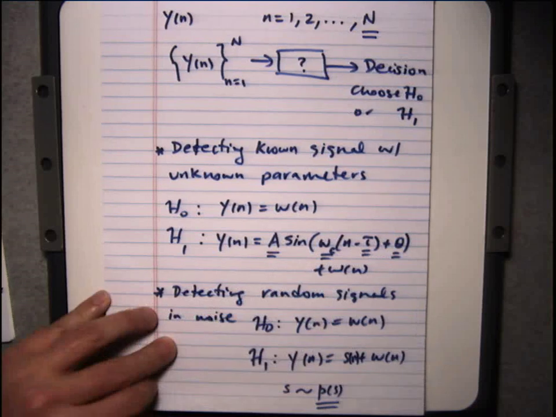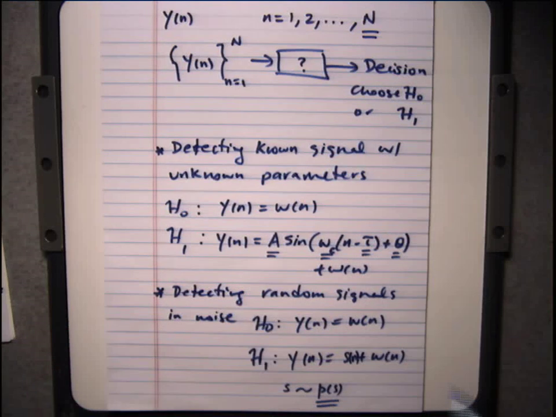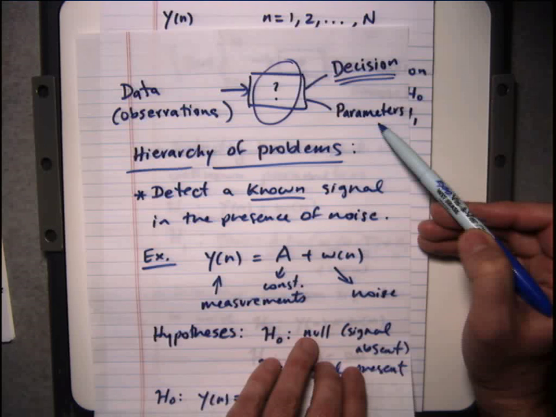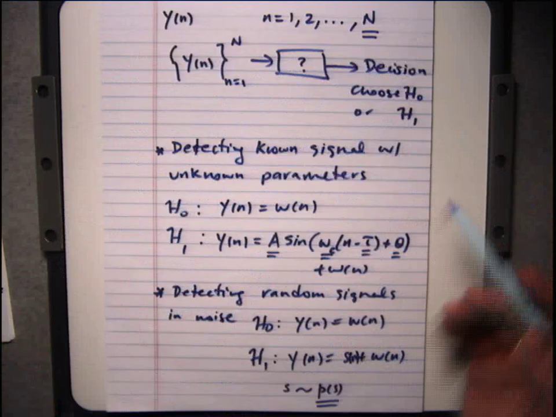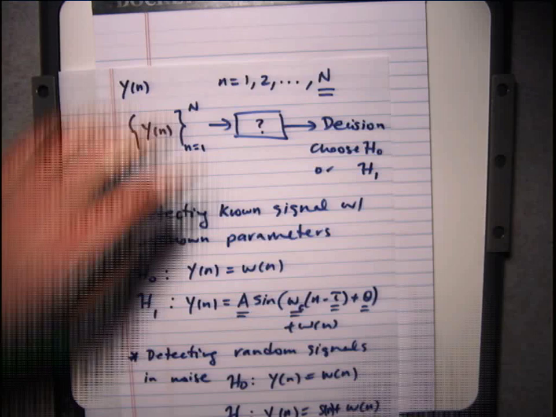As I said, when you don't know the parameters, then this other scenario where you have to estimate parameters comes in. So let me just summarize what I said. So this is 2.